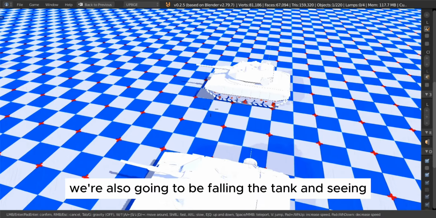Okay, and when the game starts, I'm going to be explaining a little bit of how the tank works, and I'll be explaining exactly what inspired me to make this sort of AI tank. Okay, let's get into it.